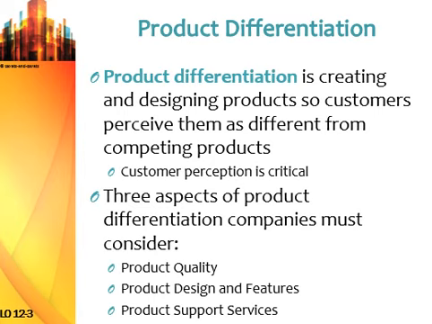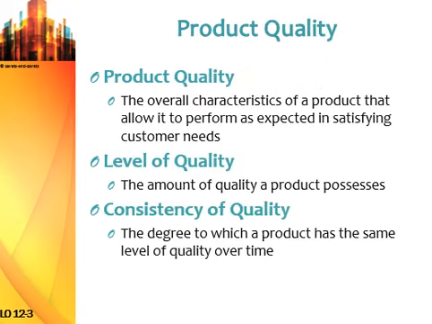So the three aspects of product differentiation companies must consider are the following: product quality, so you can differentiate by improving the product quality; product design and features; and of course product support services. Speaking about quality, what is quality?